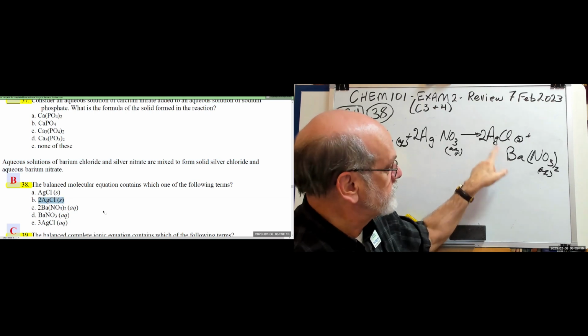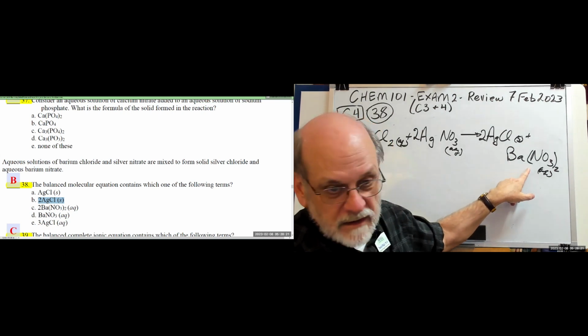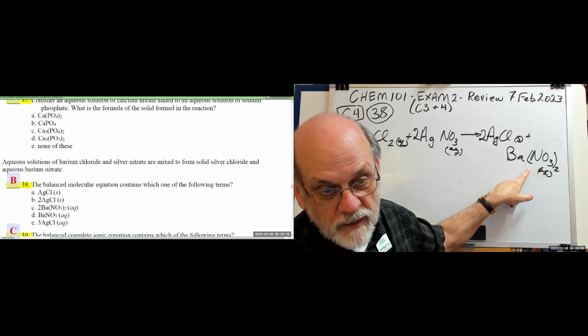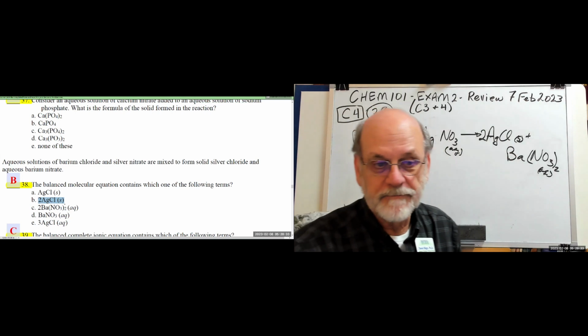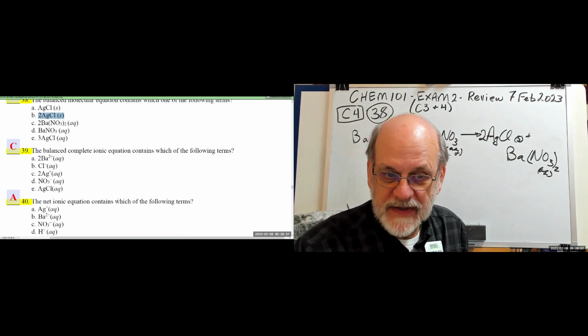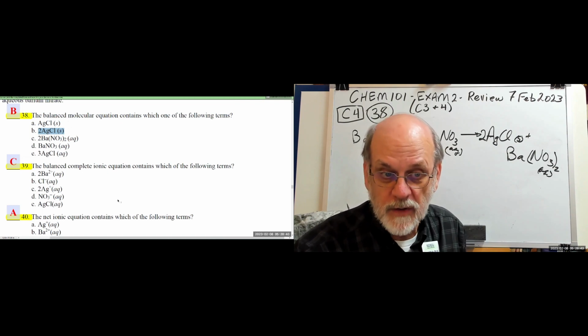And we look at the others. Barium nitrate, it has a 2. No, that's not it. Barium nitrate, no, it has a coefficient, a subscript for nitrates, and this one's not right either. Okay, so B is the only one that comes out of that equation. 39 breaks that equation up into a complete ionic equation containing which of the following terms?